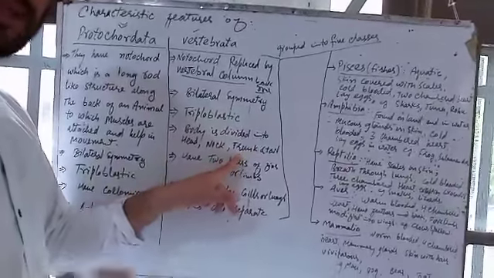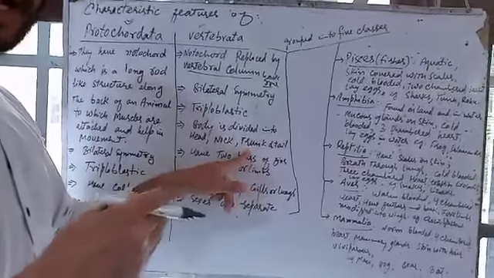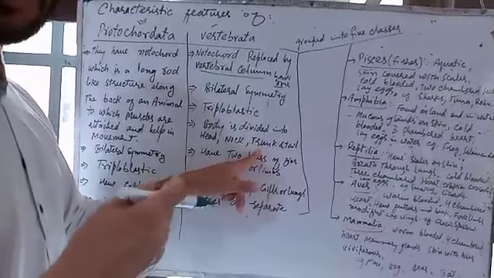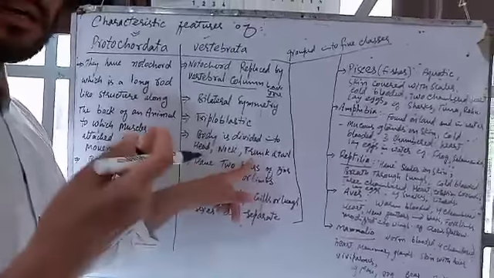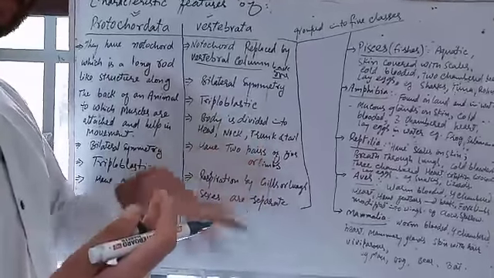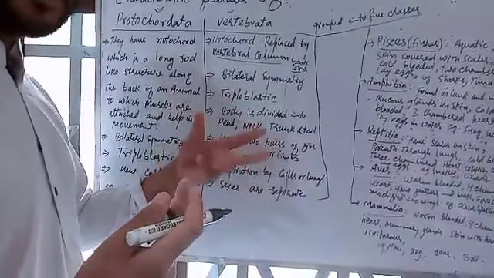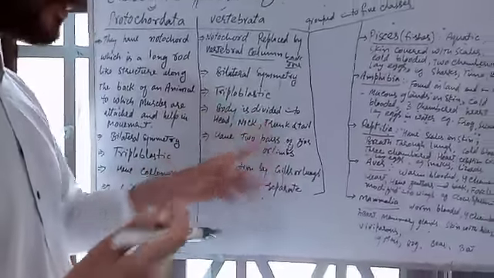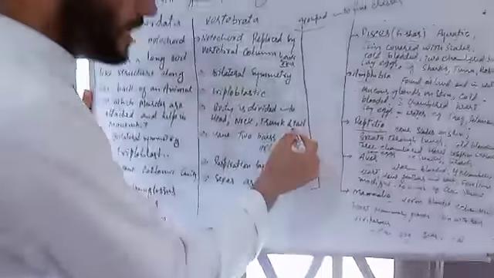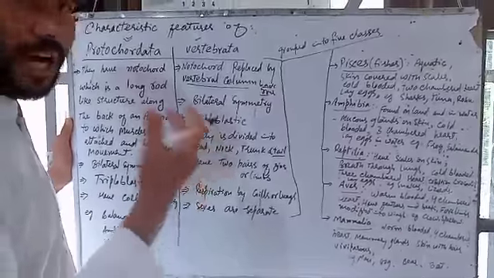Trunk means the portion of the body beneath or behind the neck and without limbs, that means legs and arms. Without legs and arms, without neck and without head, the portion that remains is known as trunk. And tail. These are the four parts of the animal.